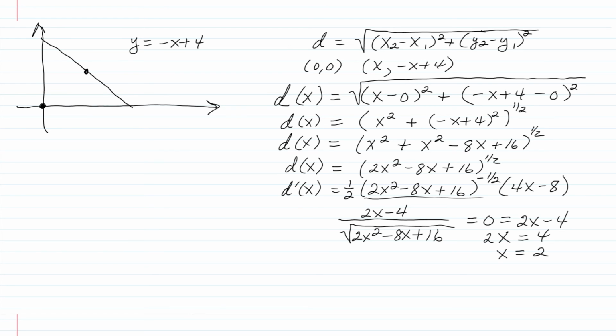So now let's put that back into our original equation, which says that y equals negative x, which is 2, plus 4, so that's going to equal 2. So the x value of our point is 2, and the y value of our point is 2. So the point that we're looking for is 2, comma 2.